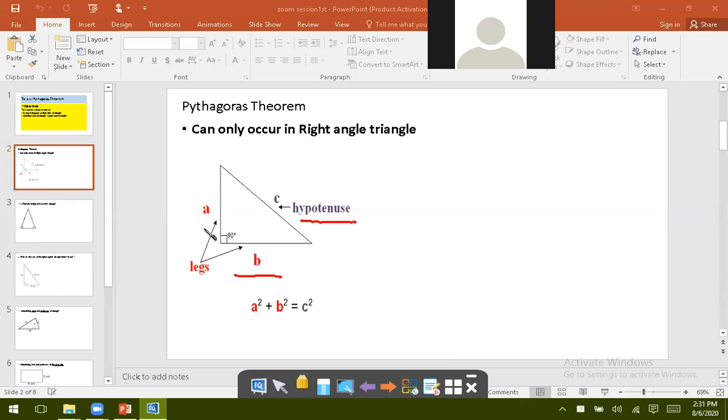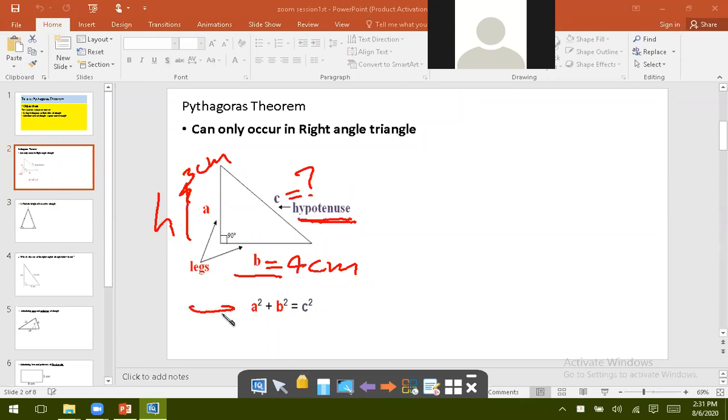So, for example, if B is 4 cm and A is 3 cm, and we are asked to find the size of C, which is unknown, we'll find the length of the longest side, the hypotenuse, by using this theorem, or the formula there.